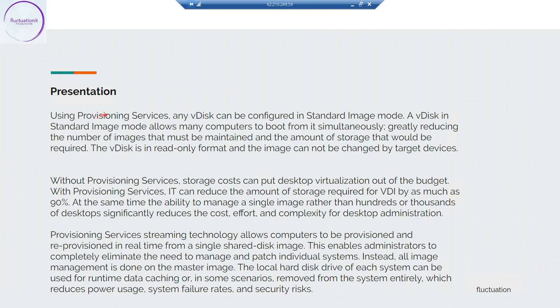So using PVS, any vDisk can be configured in standard image mode. We'll see what standard image mode is. A vDisk in standard image mode allows many computers to boot from it at the same time, greatly reducing the number of images that must be managed and the amount of storage required.